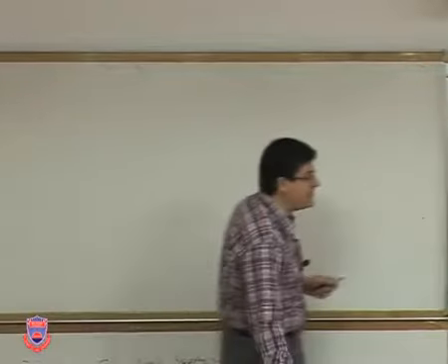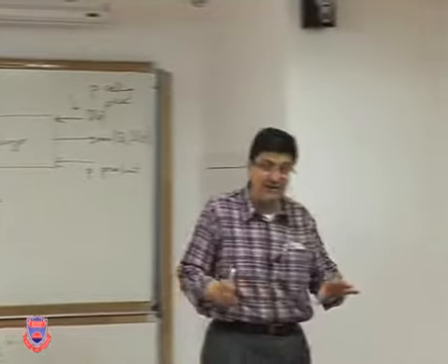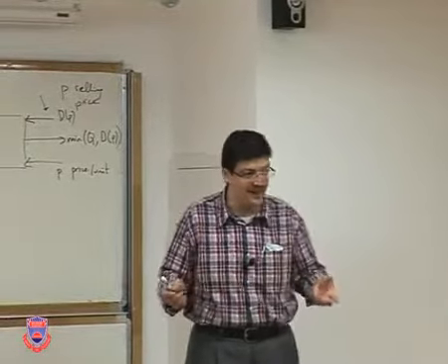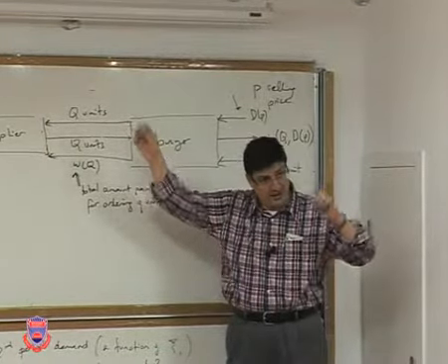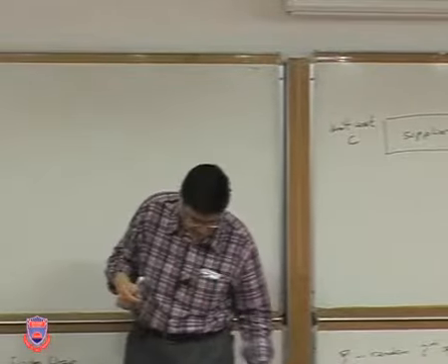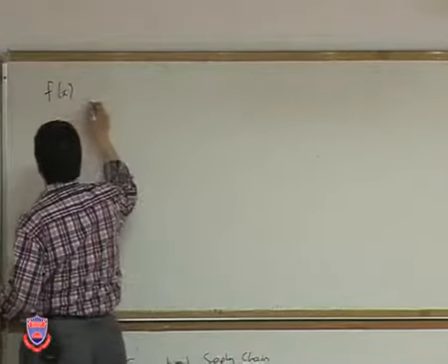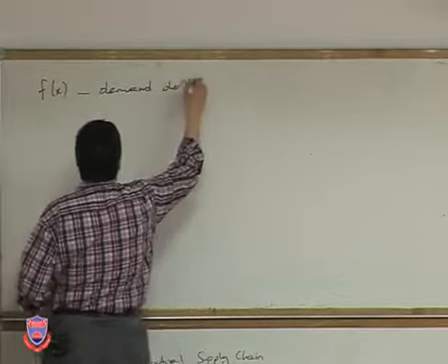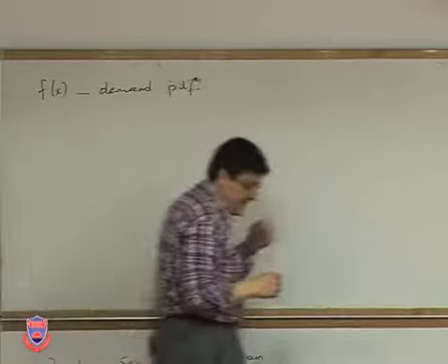Again, I am assuming that we have a very simple problem where we have a single period for which we are going to satisfy the demand. In other words, this ordering is done only once, and this is the way that we are going to formulate it. Let us say that f of x is the demand PDF.